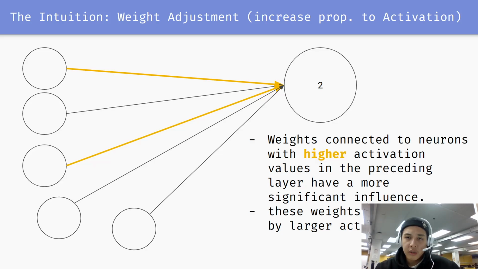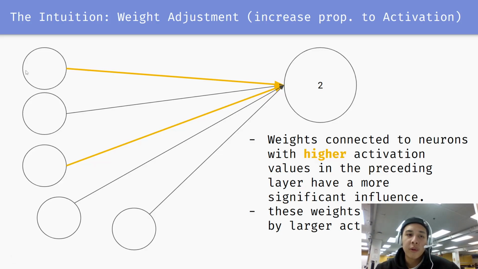So the first thing we can adjust are the weights. The way we want to adjust weights depends on the activation value. If the activation value is high, these weights will have more of an impact if adjusted on the forward activation value.